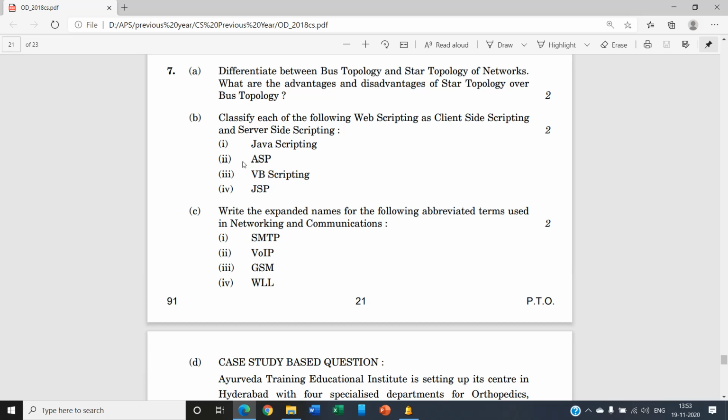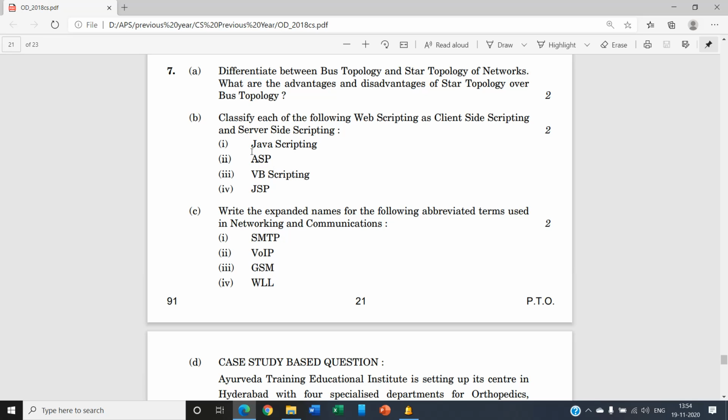Now, there are certain languages where the calculation is always done on the server side, for example ASP and JSP. Consider the same example where we have two text boxes and a button to calculate the values in the text boxes. When you click on the add button, all the data is taken from the client and goes to the server. There the sum is calculated, and then the result is posted to the client again.